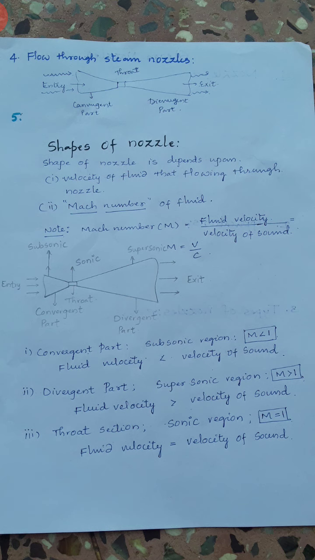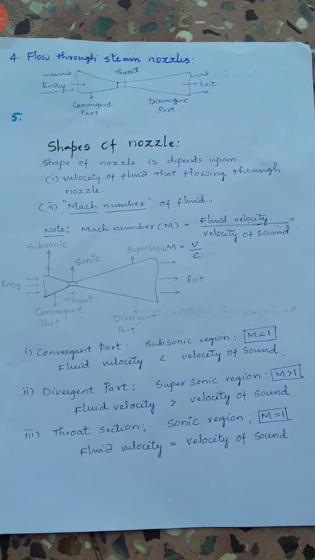As it now enters the divergent part, all the heat energy is converted into kinetic energy, due to which the velocity is rapidly increased, and the fluid velocity is greater than the velocity of sound, meaning the Mach number is greater than 1.